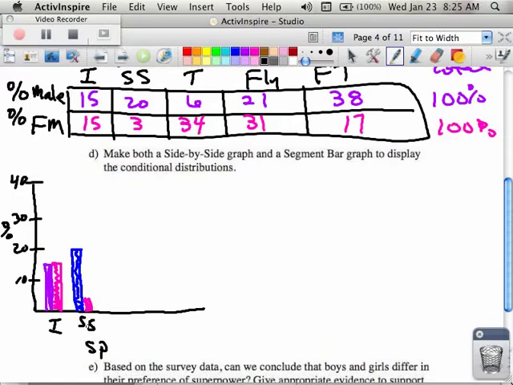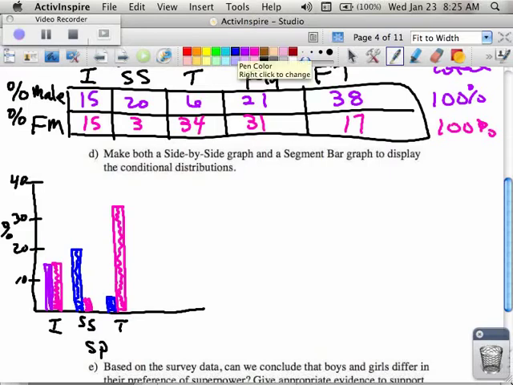And then for the third one, which was telepathy, the males were 6. And the females were 34. Wow. That was telepathy. And then the next one was flying.